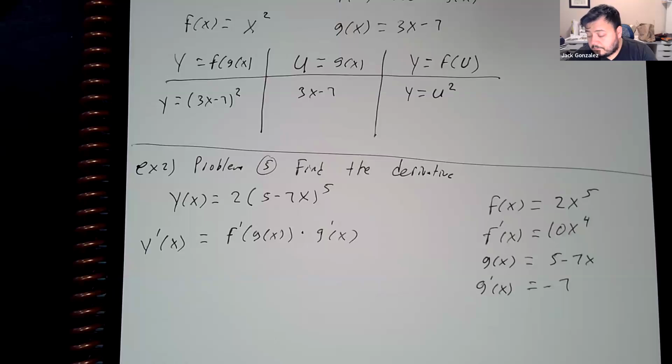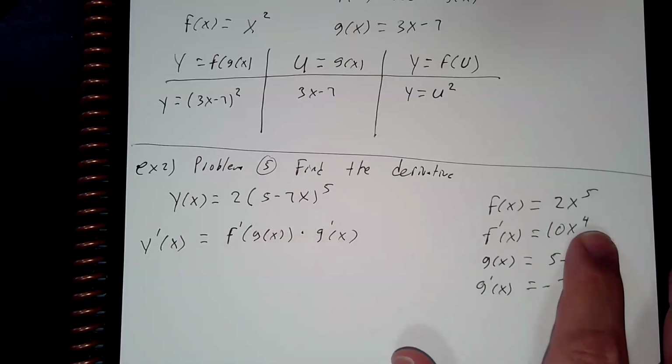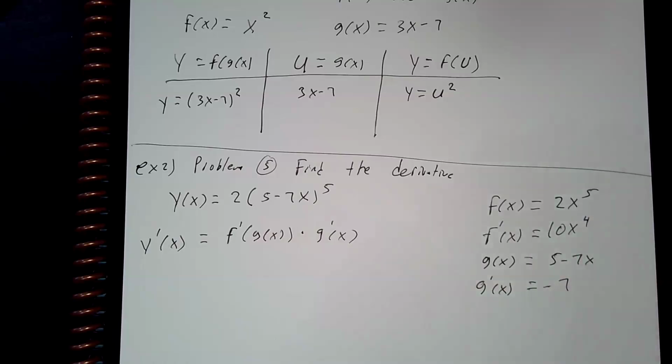So what is f prime of g? Well, f prime of g, that would be like you're basically taking 10x to the 4th and putting the inside into the x. So here's f prime, x to the power 4 times (5 minus 7x).